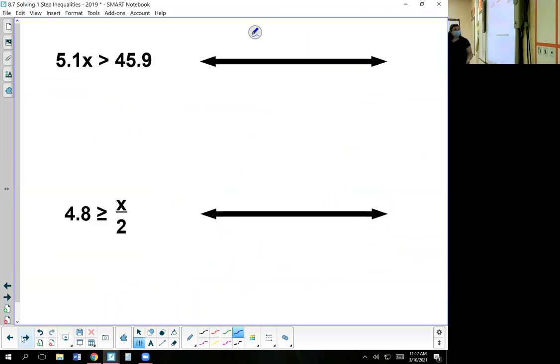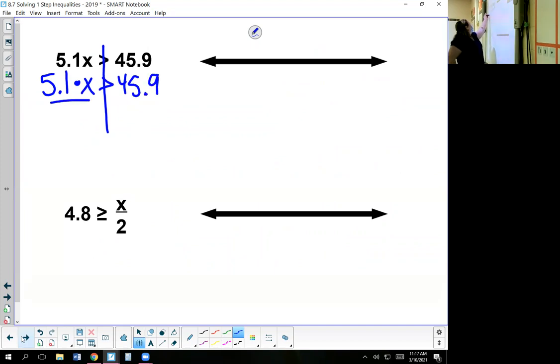All right, then again, knowing if it's multiplication or division. So this one is a multiplication equation. This is 5 1/10 times x is greater than 45.9. Divide by 5.1, divide by 5.1, x is greater than whatever this is.